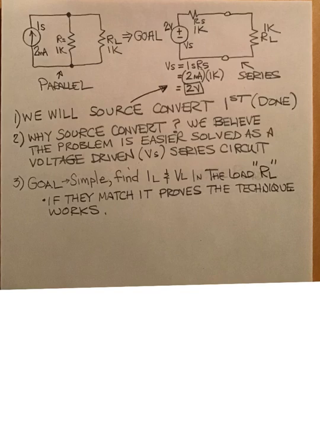On the left, in the color blue here, is a current-driven circuit. That means that 2 milliamps is coming out of the supply and feeding a parallel branch of 1,000 ohm resistors. On the right is the equivalent but different looking circuit.